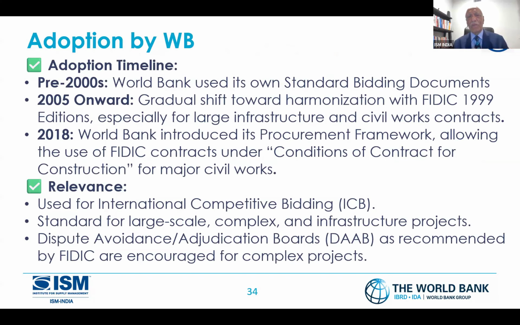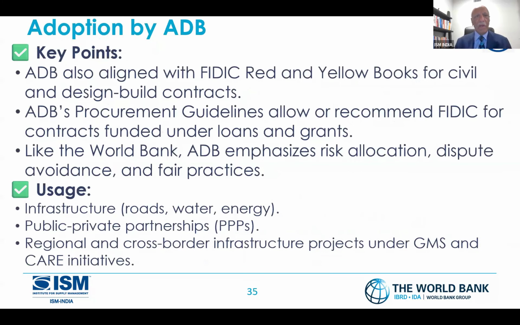In 2016, they came up allowing the use of the FIDIC contract under conditions of contract for construction, and in 2018, the World Bank introduced its procurement framework. For major civil works, the World Bank also promotes it. Same thing with the African Development Bank. Adoption by ADB on the same lines. But ADB started a lot with public procurement, public-private partnership, triple P.